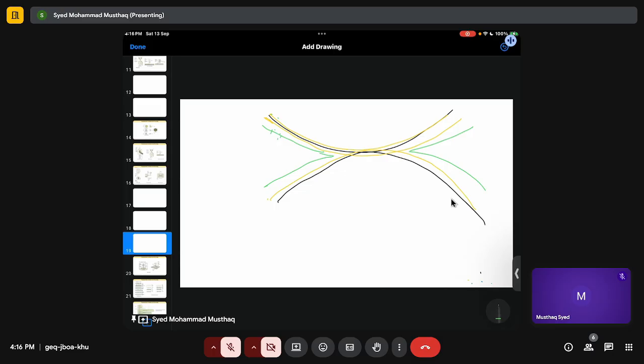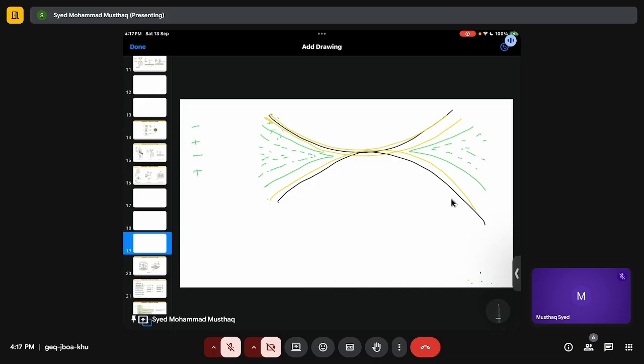Because this one has plus, and this polarization will result in minus plus, and this plus will again attract the minus of another molecule, right? So more and more polarization will happen, and at a point everything is getting covered in charges.